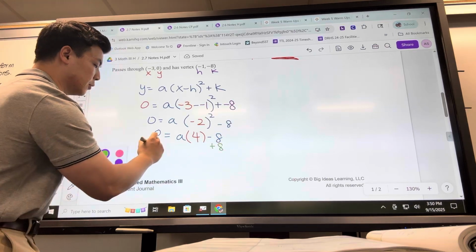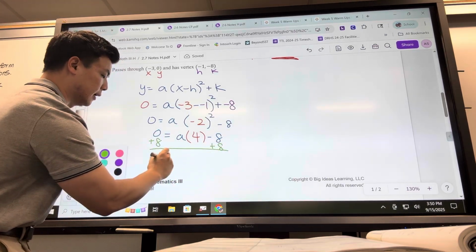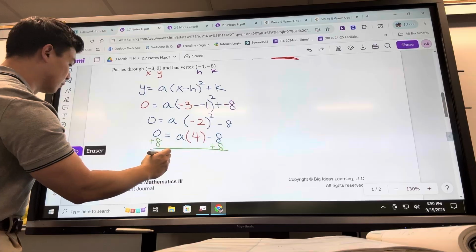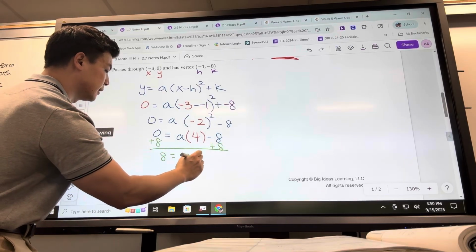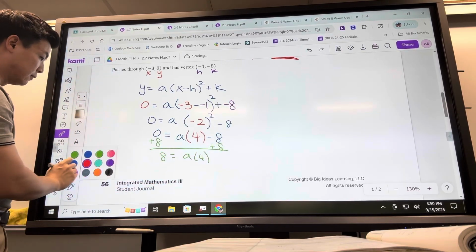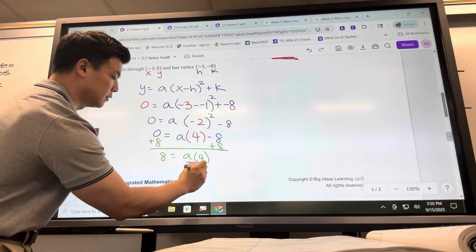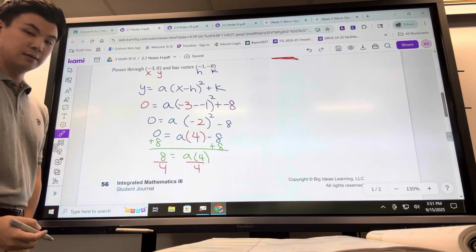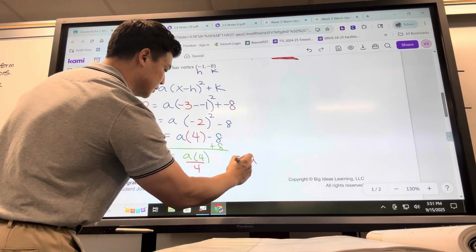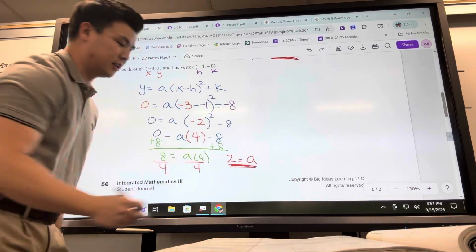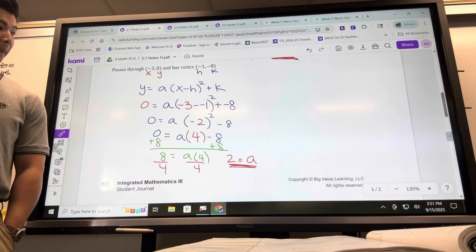If I add 8 to both sides of the equation, we then get 8 equals a times 4, and we can divide both sides to get our answer. So our a value again is equal to 2. Sorry, these answers keep ending up being the same thing, but here's our a value.